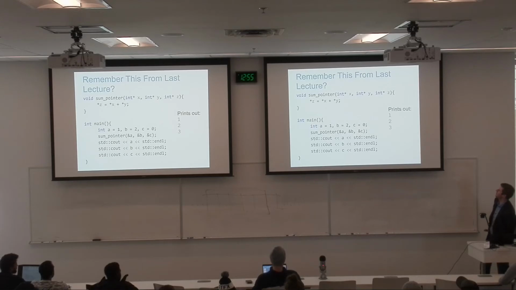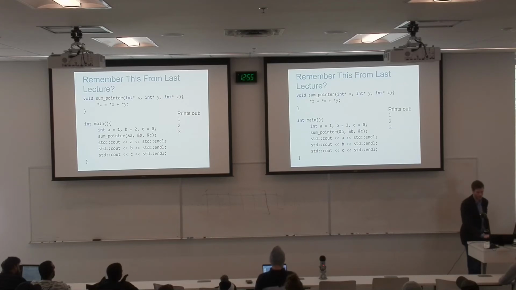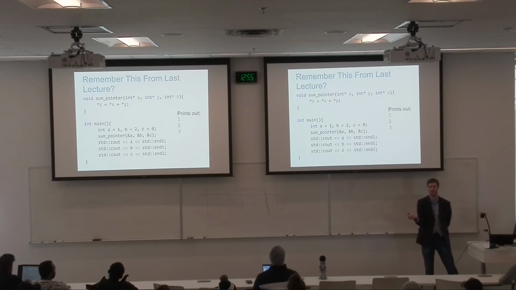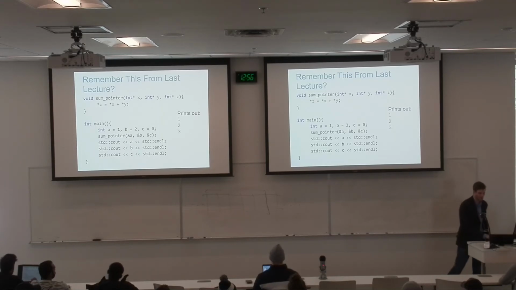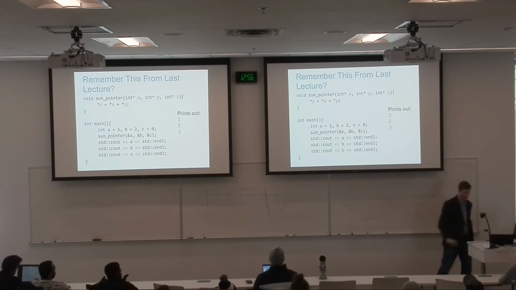In this situation, what will be printed out down here? We will see 1, 2, 3. Why? Because C gets modified, because Z isn't an integer. It's a pointer to the integer, whatever's in C. And then when I change Z and I dereference it, I overwrite whatever was in C. So this is how it worked.